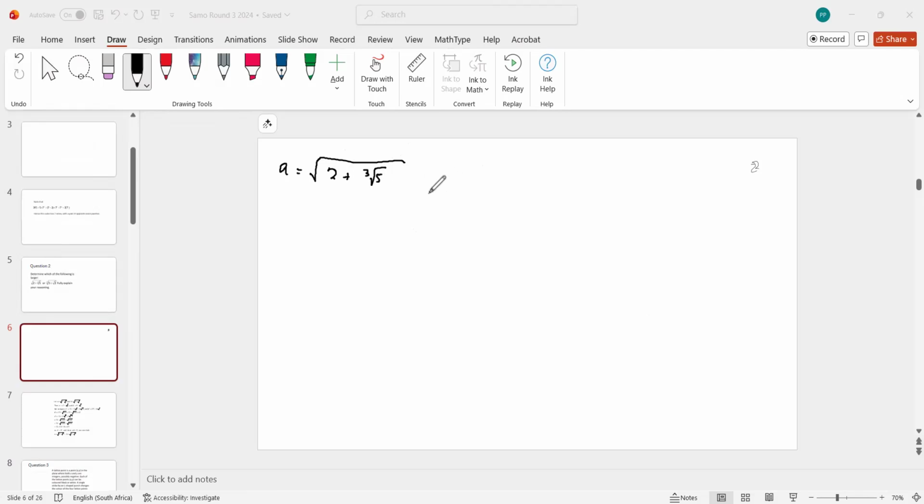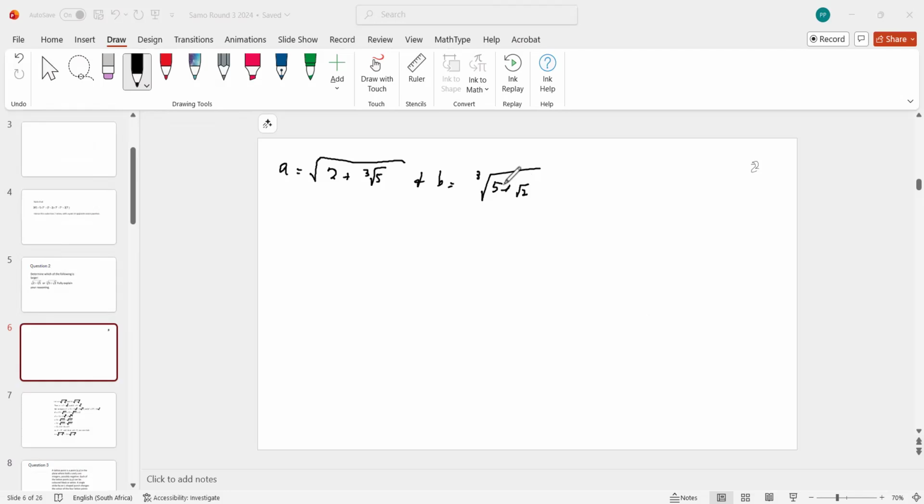I think that is the one number, and B equal to the cube root of 5 plus square root of 2. When you have these cumbersome numbers, it's always a good idea to give them names.